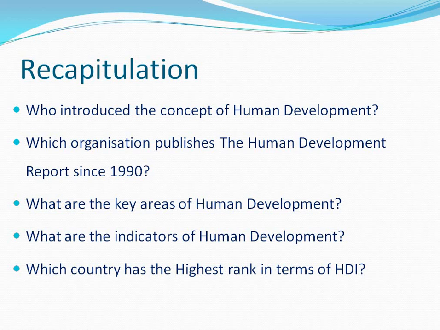Health, education, and access to resources. And what are the indicators of human development? Life expectancy, literacy, and purchasing power, or the per capita income or standard of living. And which country has the highest rank in terms of HDI? Norway. Good. Okay, the chapter is complete now.